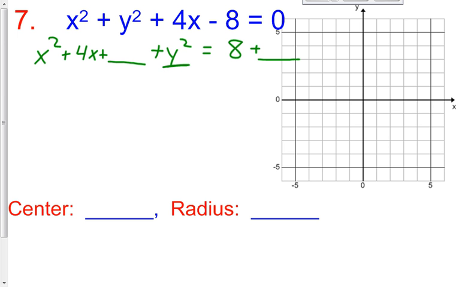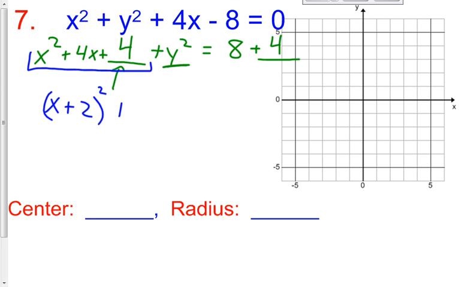So to get this other x coordinate, you take b divided by 2 and square it. So you get a 4 right there. If you add 4 to the left, you got to add 4 to the right. Now, this right here is a binomial squared. That binomial is x plus 2 quantity squared. Plus, you have this y squared all by itself.